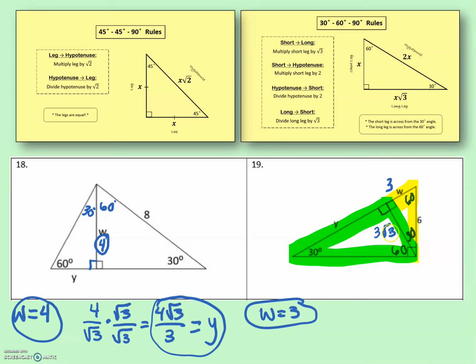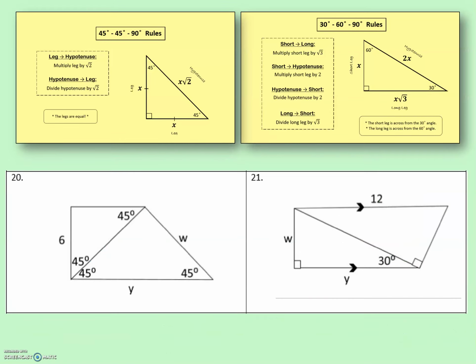So to get from the short leg to the long leg, look at our rules, we multiply the short by root 3. So how do you do that? 3 root 3 times root 3, which gives us 3 root 9, which is 3 times 3. I did a lot of steps there, probably unnecessary, but Y is going to be 9.